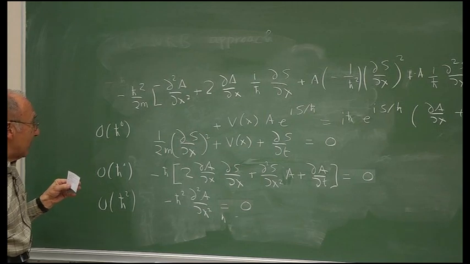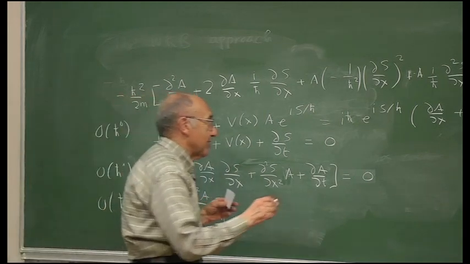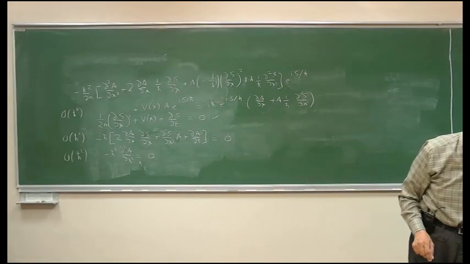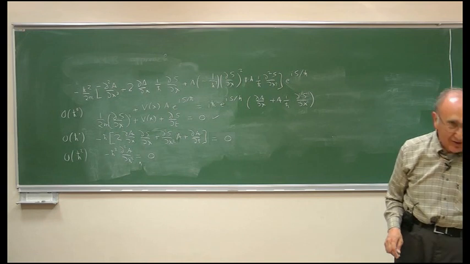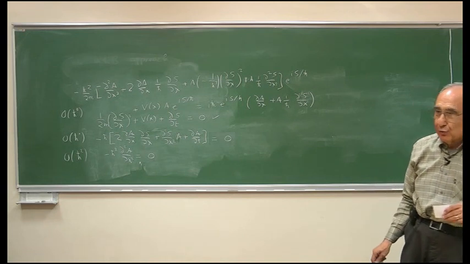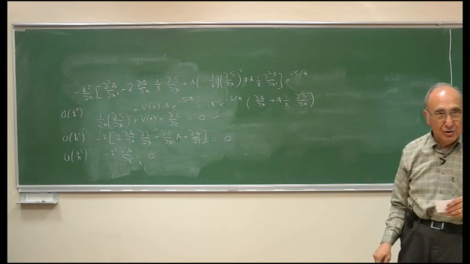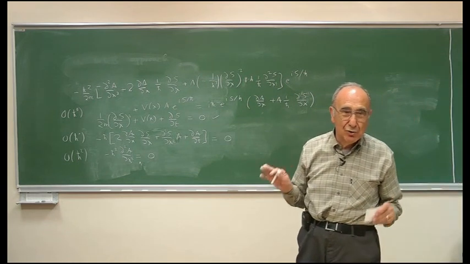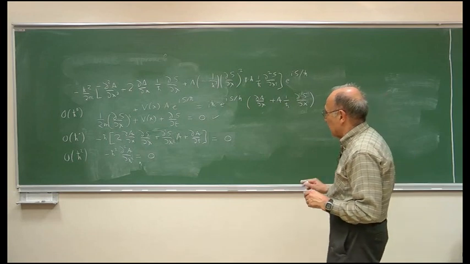The h-bar to the 0 order equation here is actually of interest in classical mechanics. Actually, it is called the Hamilton-Jacobi equation. However, discussing it is beyond the scope of this presentation.